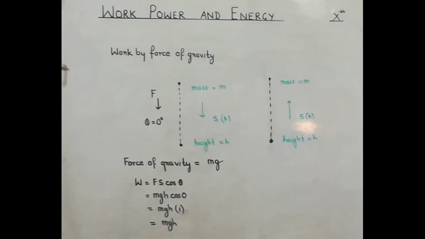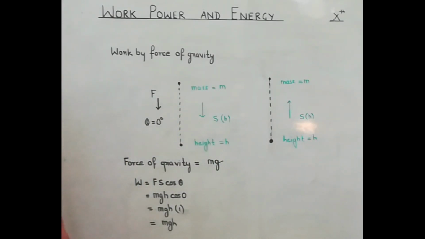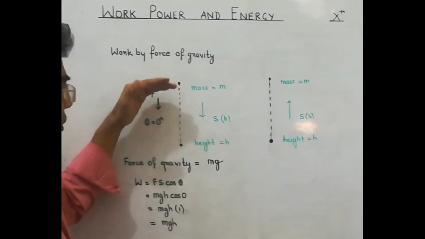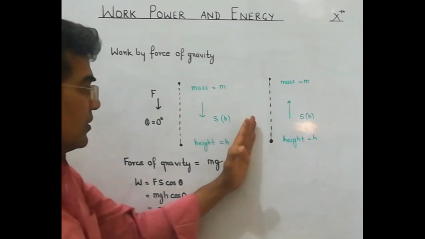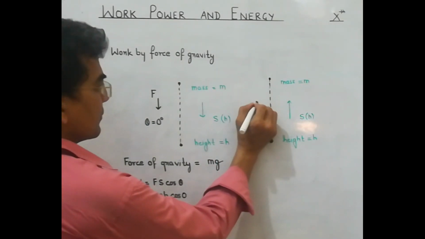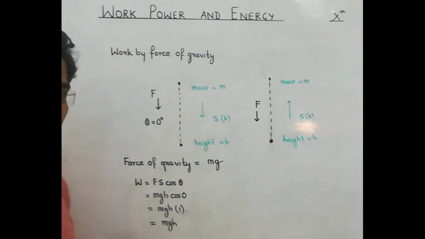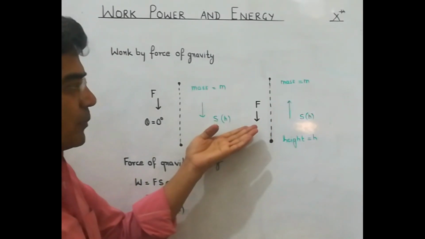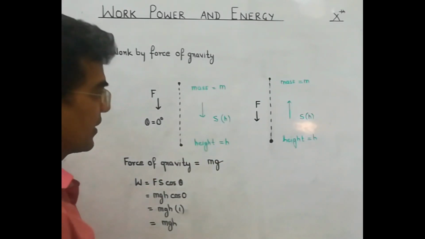Now let us consider the same body moving in the upward direction. Whether the body moves in the downward direction or in the upward direction, the direction of force of gravity will remain the same. So force of gravity will act in the downward direction only, though the body is moving upward.